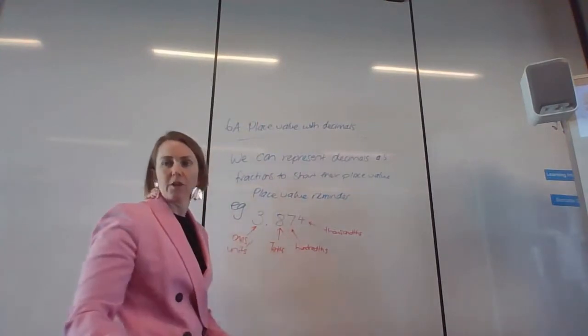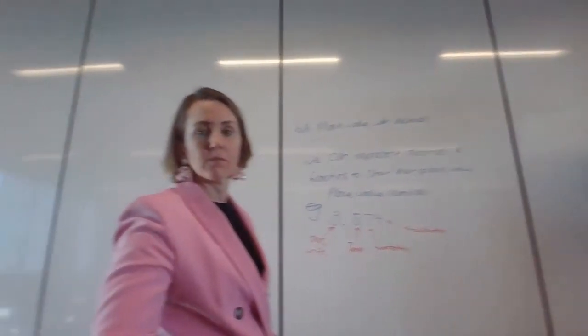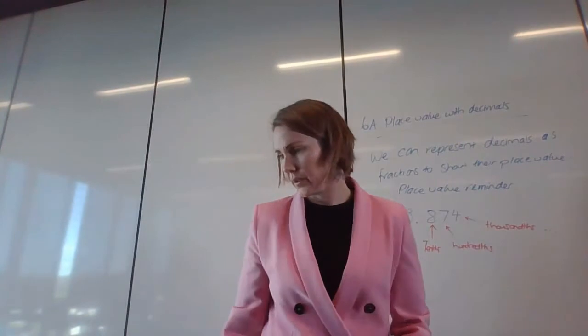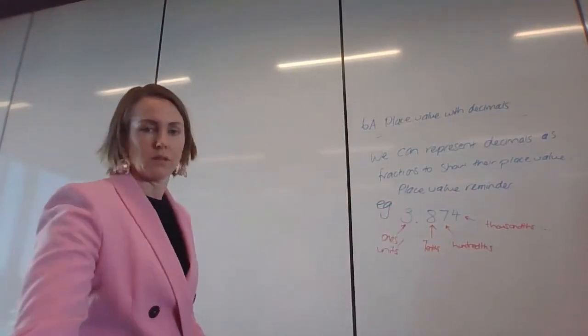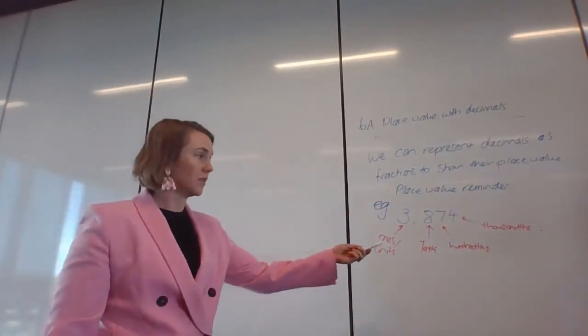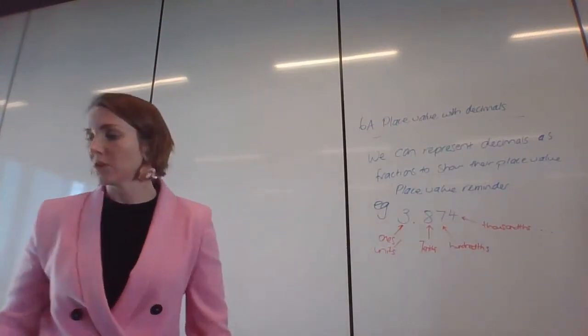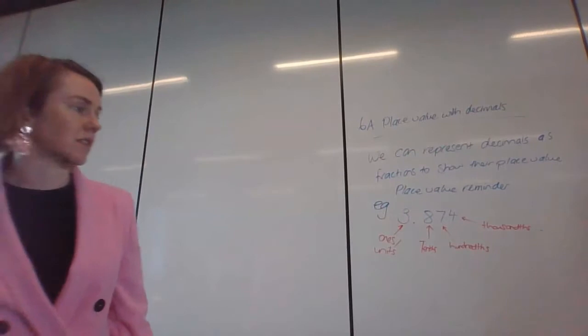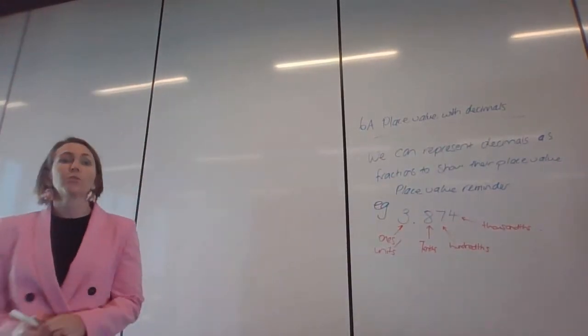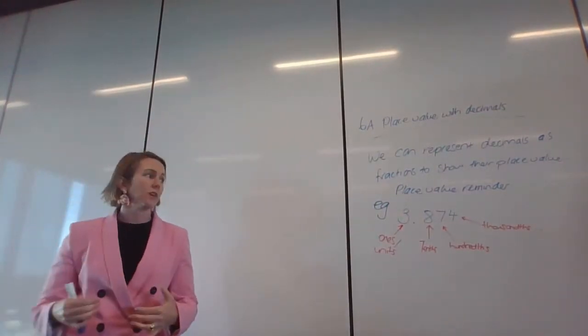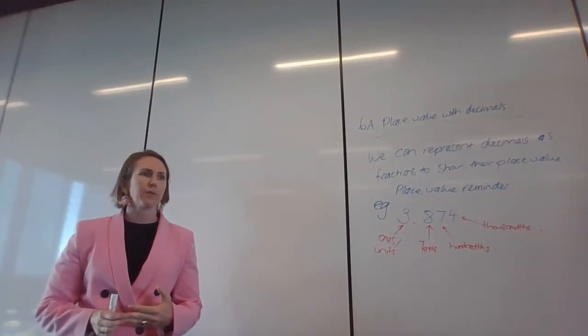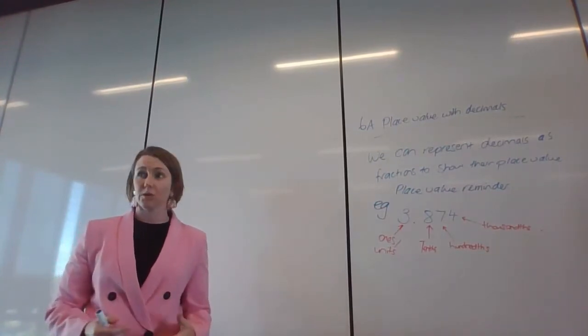So if I asked you what place value the 8 would be in this number, 3.874, you would hopefully say that it is in the tenths column, yeah? But when we move to year 7 and beyond, we need to think about how to represent that numerically, not just with a word.